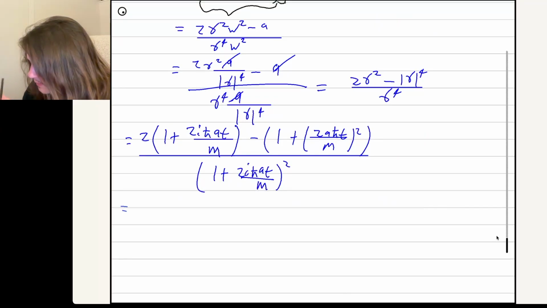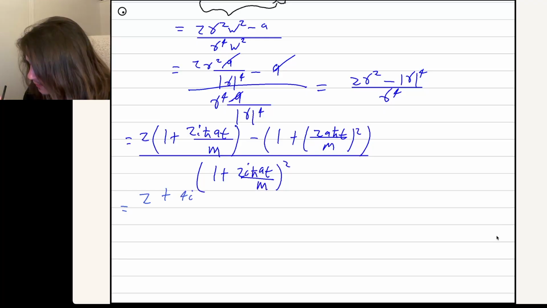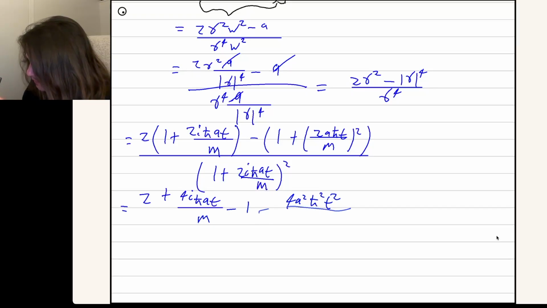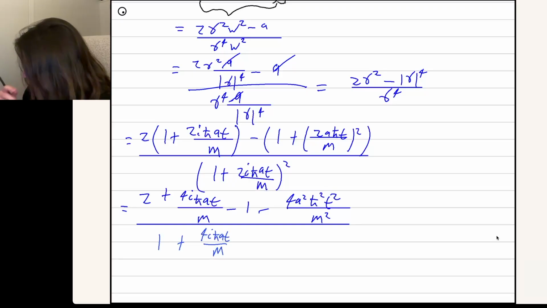We can expand these squares because this is now looking like 2 plus 4i h bar a t over m minus 1 plus 4a squared h bar squared t squared, and it's a minus sign, over m squared. And that's all over 1 plus 4i h bar a t over m minus 4a squared h bar squared t squared over m squared.